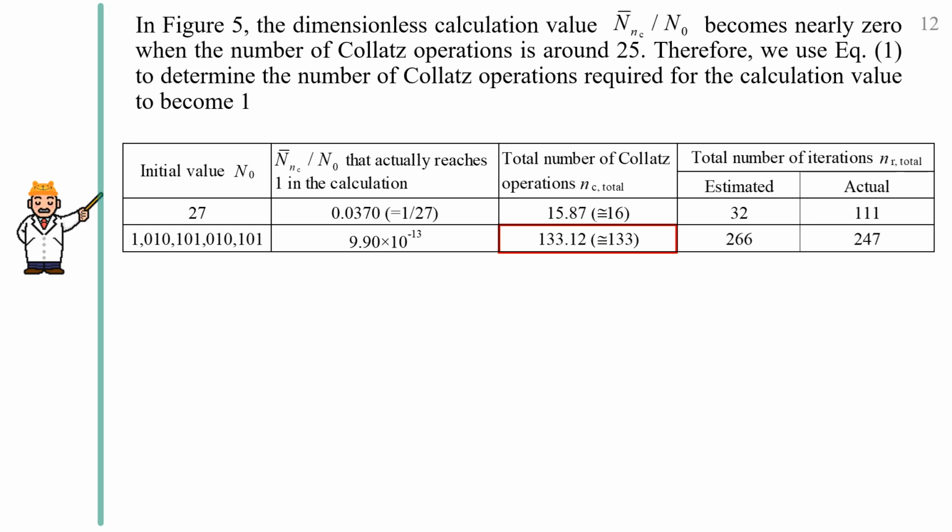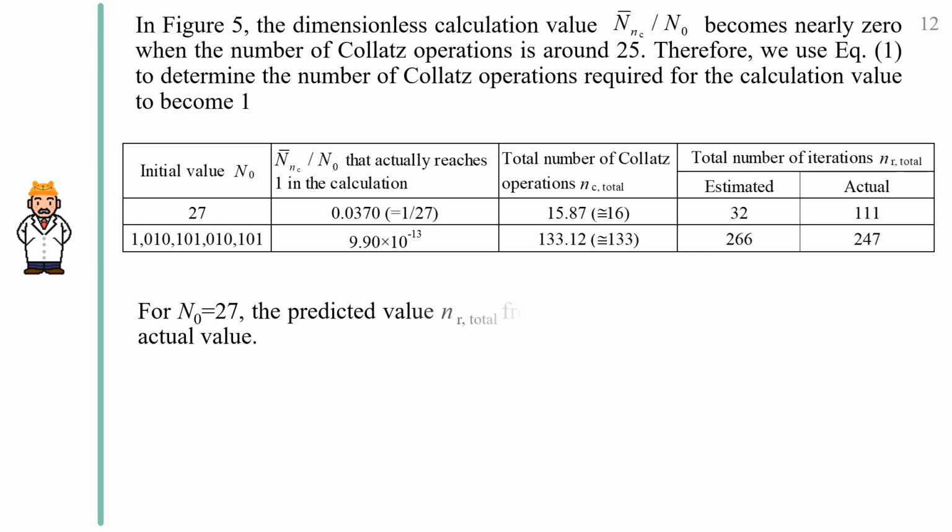Since we assume that the total number of iterations n sub are total is twice the number of Collatz operations, the estimated total numbers of iterations are 32 times and 266 times, respectively. The actual total numbers of iterations are 111 times and 247 times, respectively.